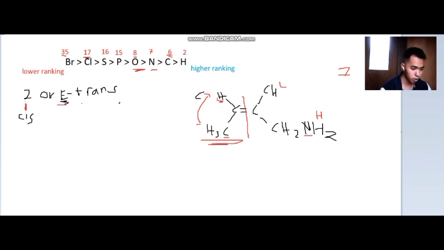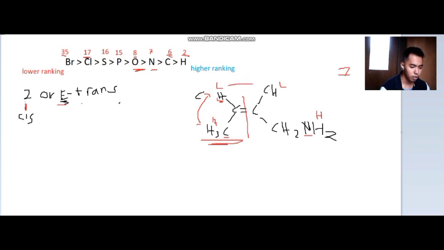We know that carbon is higher than hydrogen because carbon is 6 and hydrogen is 1, which means that H3C is higher than the lower part and hydrogen.